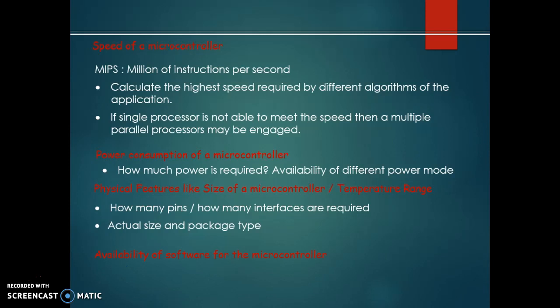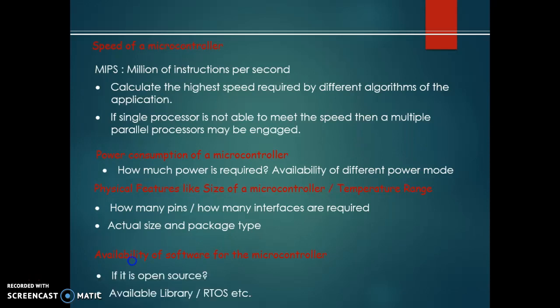Then the next very important part is availability of the software for the microcontroller. As we know, the embedded system is a co-design of hardware and software. So it is very much required that you give enough support in the software domain also.